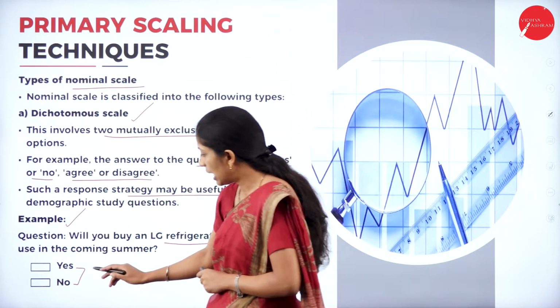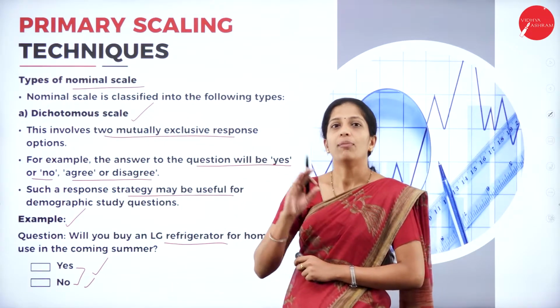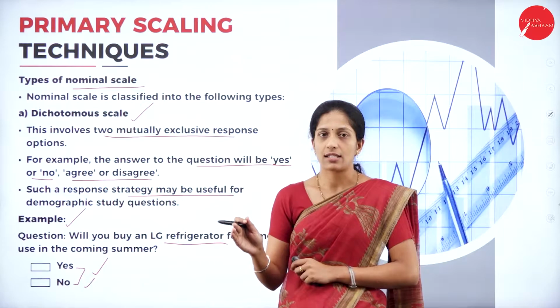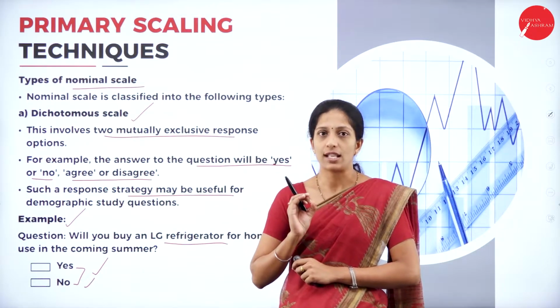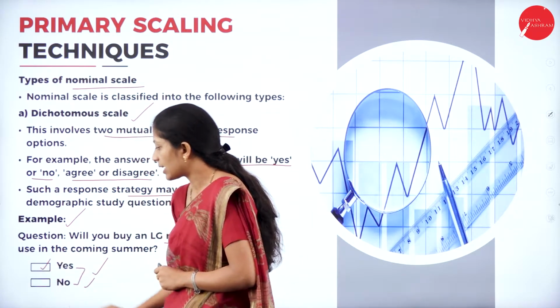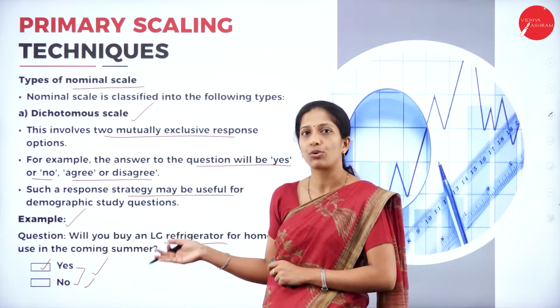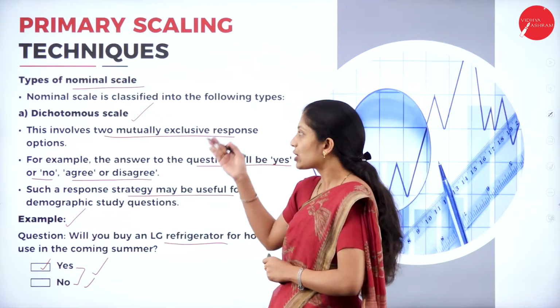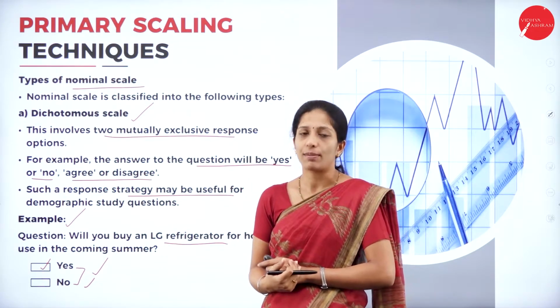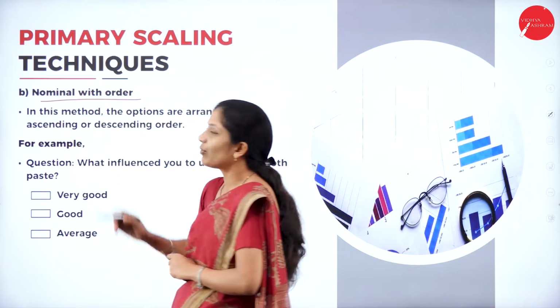You have to answer either yes or no. Both cannot be answered, only one. Suppose I have answered yes, in the sense that I have agreed to that particular question. This is known as the dichotomous scale.